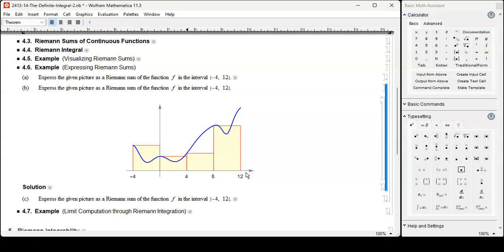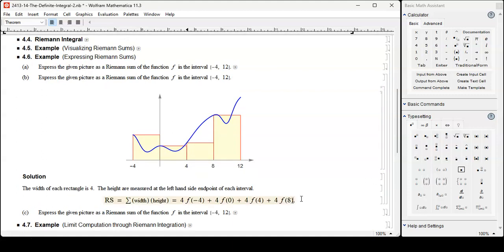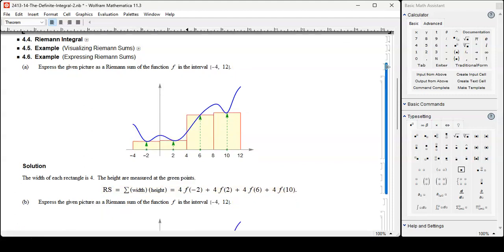How about the height? f of -4, f of 0, f of 4, and finally f of 8. Do you see that? Make sense? This is the left-hand side Riemann sum. Previously, it was the midpoint Riemann sum.